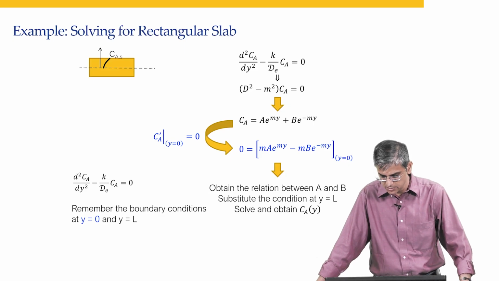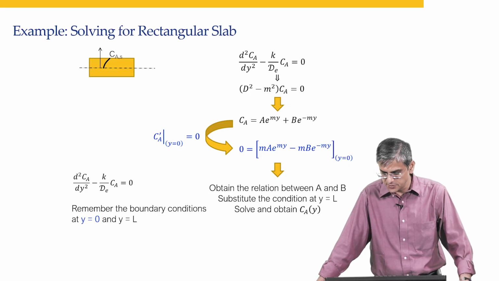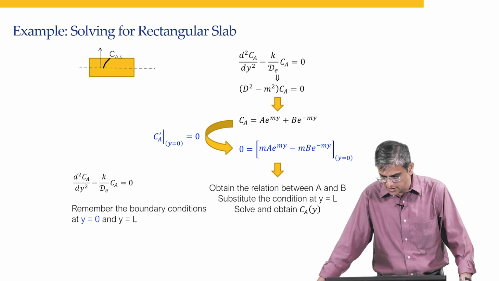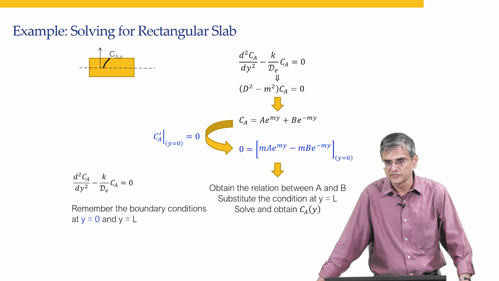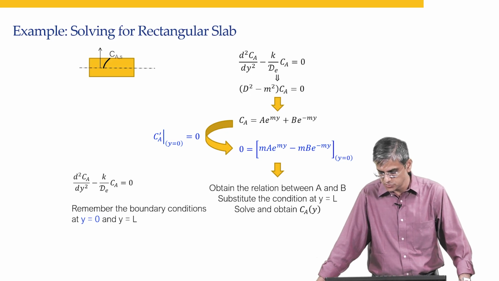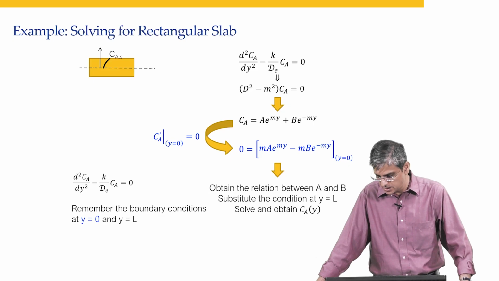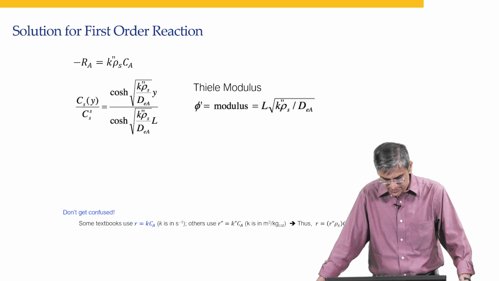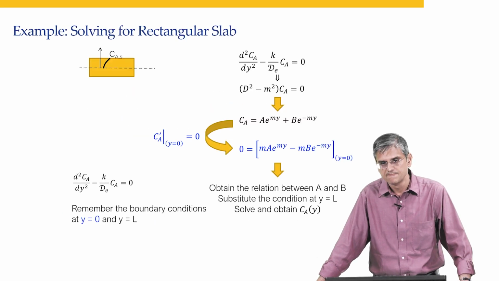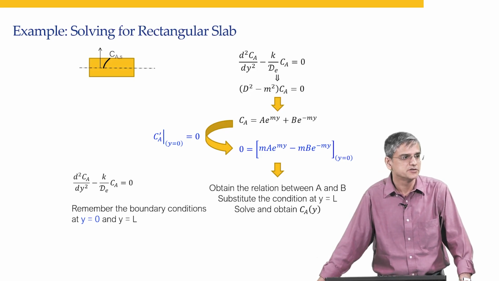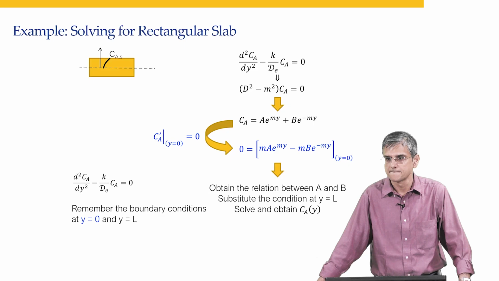one expression. And this expression basically says that either m equal to 0, which is a trivial solution, or A and B are related. Then you apply the second boundary condition, and the detailed derivation is there in your textbook.